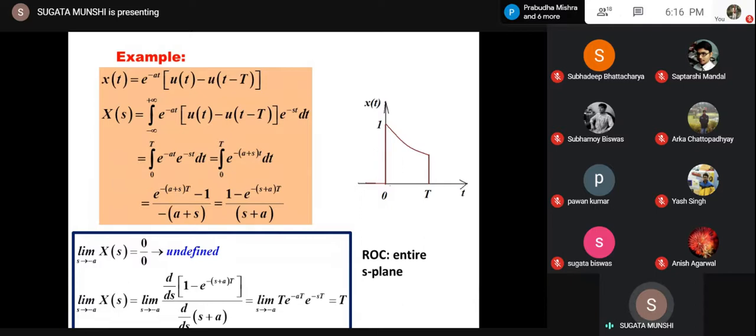Limit s tending to minus a, X(s) comes out as a finite quantity, capital T. So there is no pole at s equal to minus a. That was the only chance. Because X(s) has finite value at s equal to minus a, therefore there is no pole. So here also the ROC is the entire S-plane.